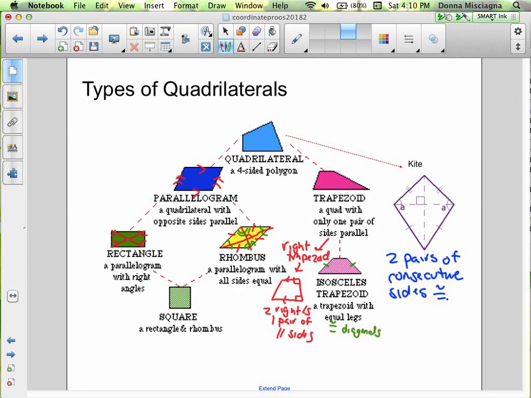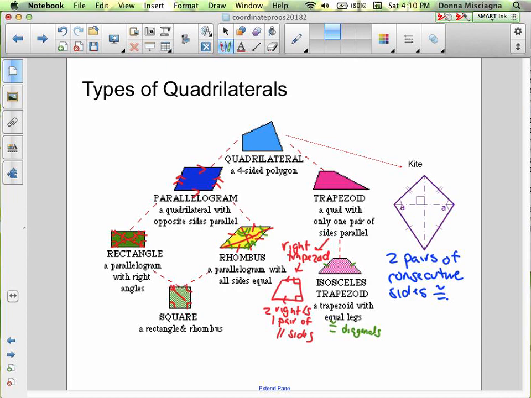And then we have the square. Now, the square is a type of parallelogram, but it's also a type of rectangle and a type of rhombus. So everything that's true about the rectangle, with the four congruent right angles and the congruent diagonals, I actually didn't show the congruent diagonals. I should have shown the congruent diagonals.